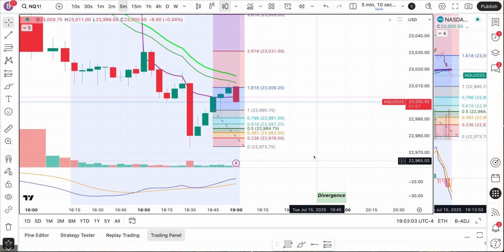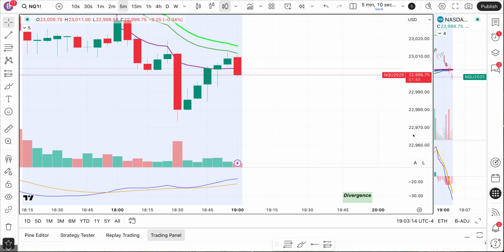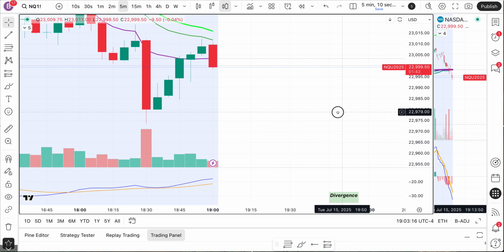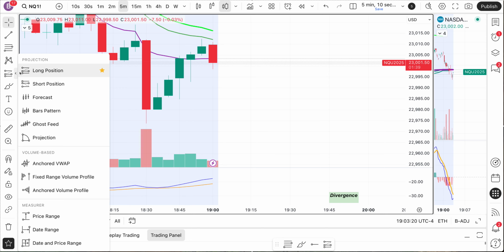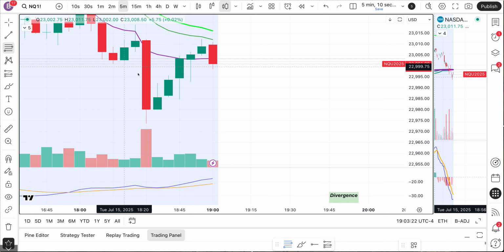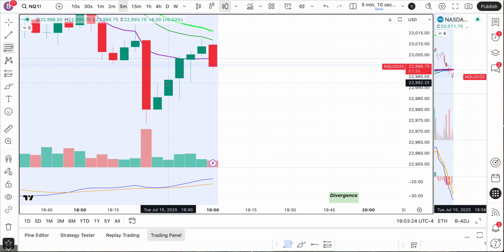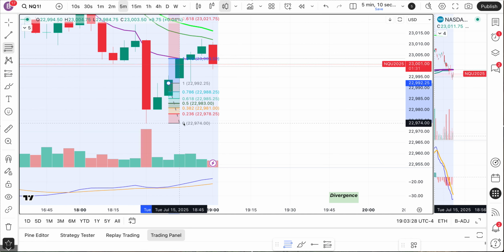The way I enter these types of situations is the following. I'm looking for my first 1 or 2 green candles to give me some Fibonacci levels to use. Okay, so what I'll basically do is I will go wick to wick, and I will say, okay, let's take a Fibonacci retracement, and we'll go wick to wick, and we'll see if we get a bounce off the 50% level.